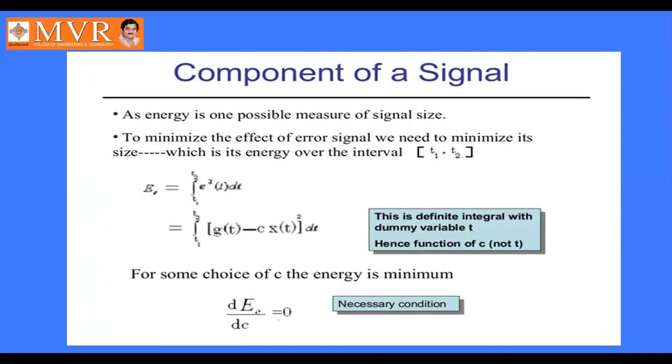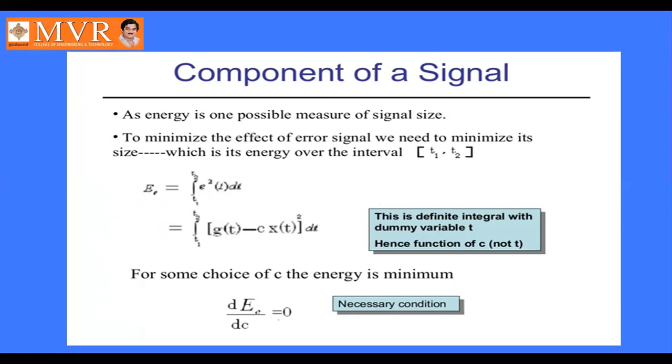Signal energy is one possible measure of signal size. To minimize the effect of the error signal, we need to minimize its size, which is its energy over the interval t1 to t2.